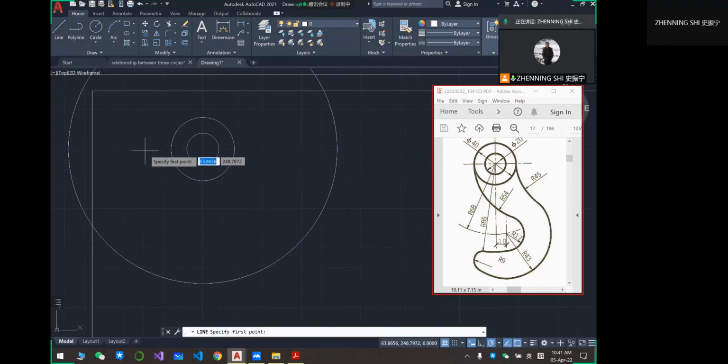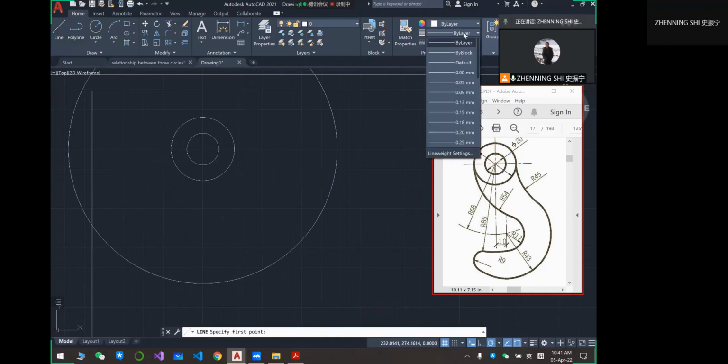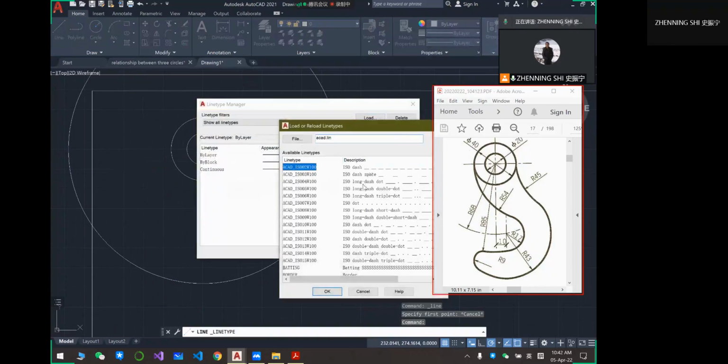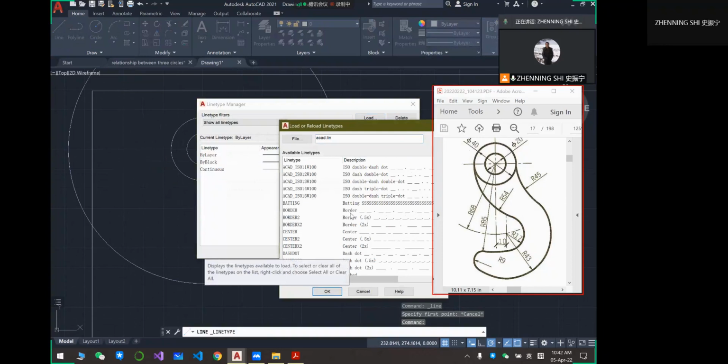And next one, I will use another line type, the border.